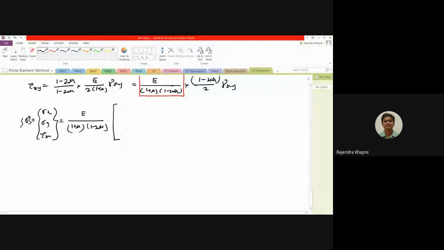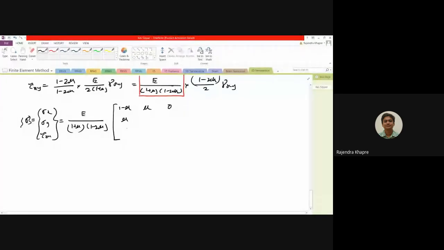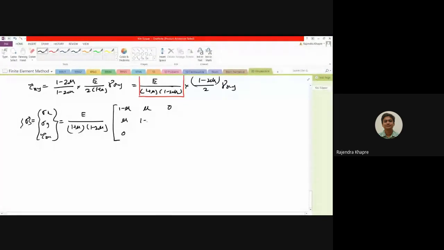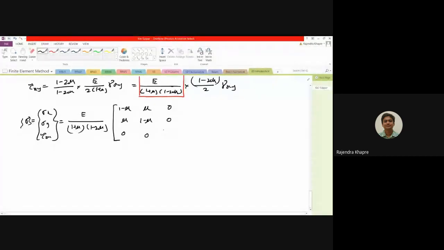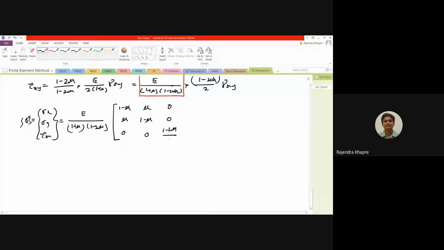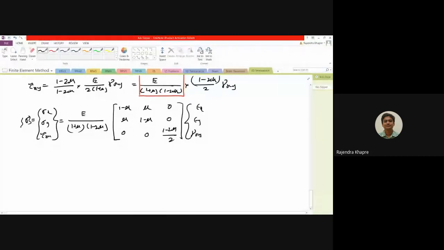The same thing can be written over here as 1 minus mu, this will be mu, this will be 0, this will be mu, this will be 0, this will be 1 minus mu, this will be 0, this will be 0, and this is nothing but 1 minus 2 times mu divided by 2, multiplied by epsilon x, epsilon y, and gamma xy.